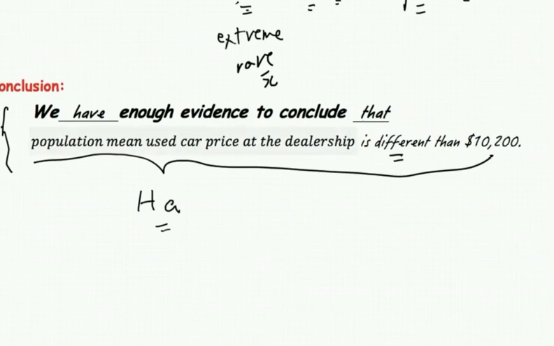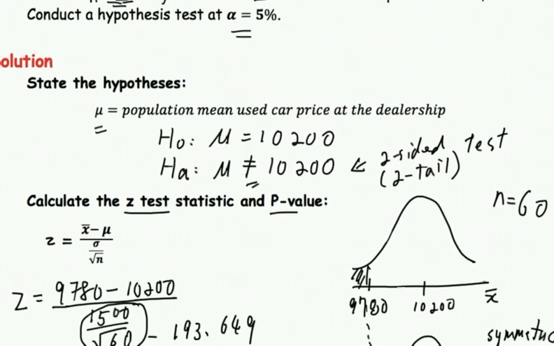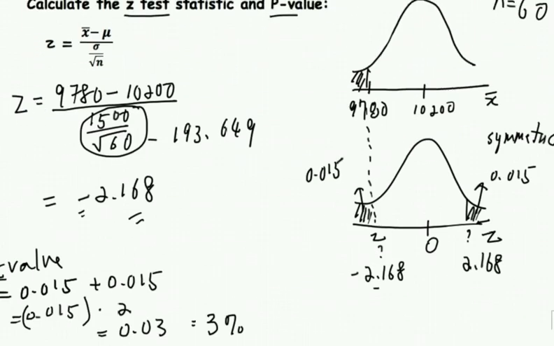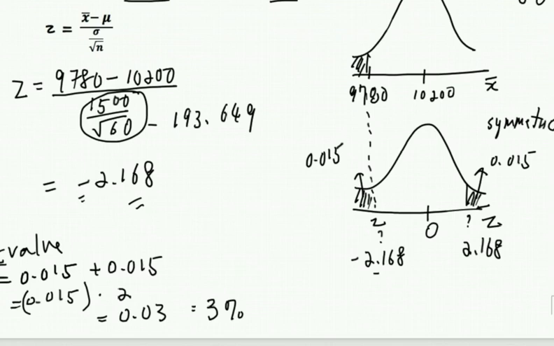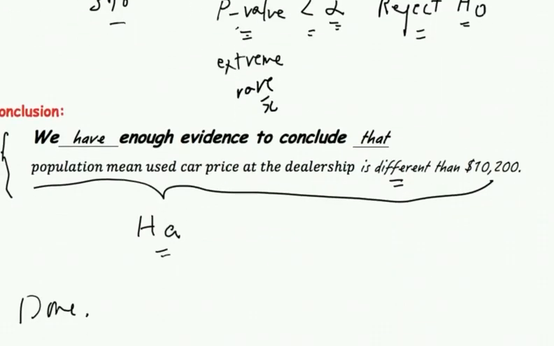So we have enough evidence to conclude that the mu is different than 10200. And we are done. So quickly review the steps. First, state the hypothesis, calculate the test statistic and the p-value. Don't forget to double up the tail because we want the left tail and right tail. So you double up, meaning you multiply by 2. Compare p with alpha, then draw your conclusion.